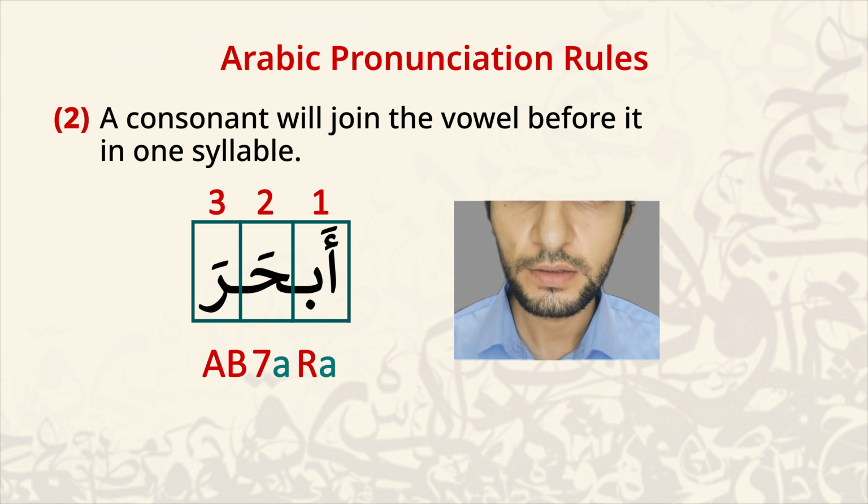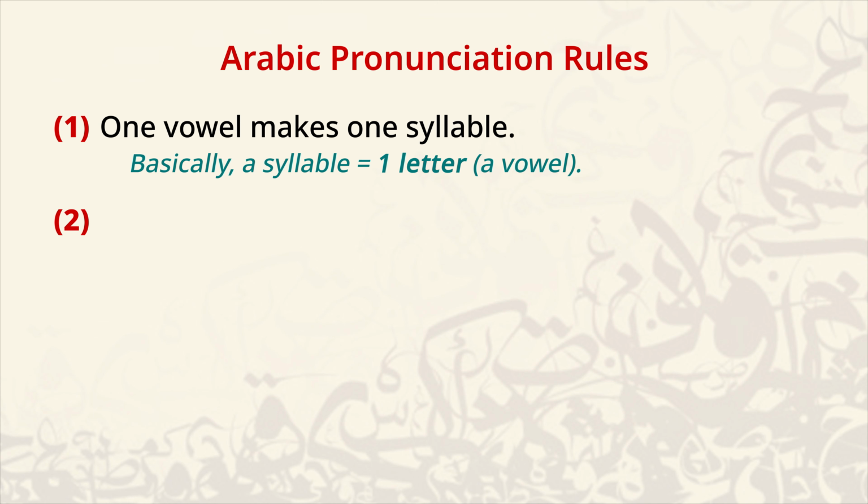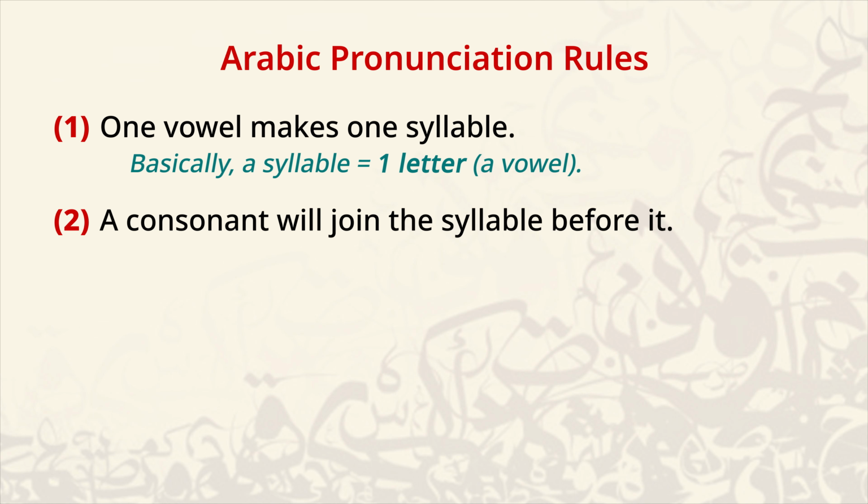All right, let's revise the two rules of today. First, every vowel is a syllable on its own. So basically, a syllable contains only one letter when it's a vowel. Second, whenever there is a consonant, it will follow the vowel before it in one syllable.